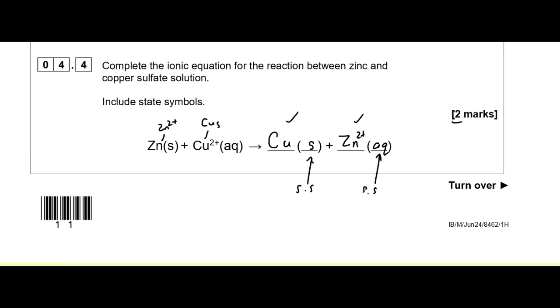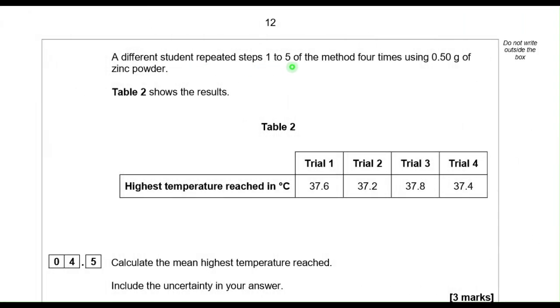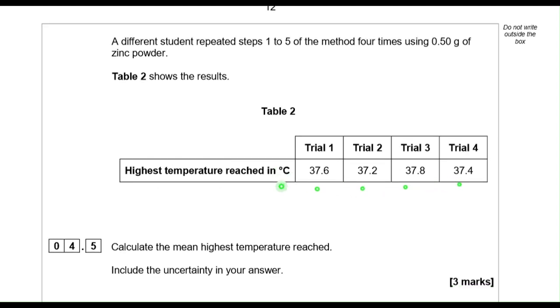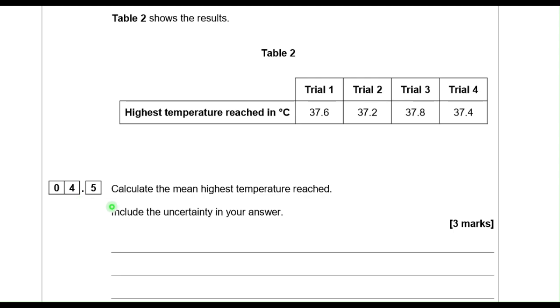Over the page. A different student repeated steps 1 to 5 of the method 4 times using 0.50 grams of zinc powder. Table 2 shows the results, and here's table 2. You've got the highest temperature, and you've got 4 results there. 4.5. Calculate the mean highest temperature reached and include the uncertainty in your answer, and this is a 3-mark question.